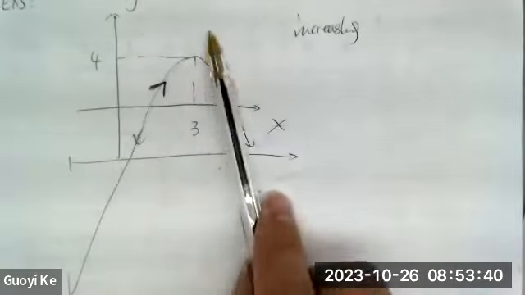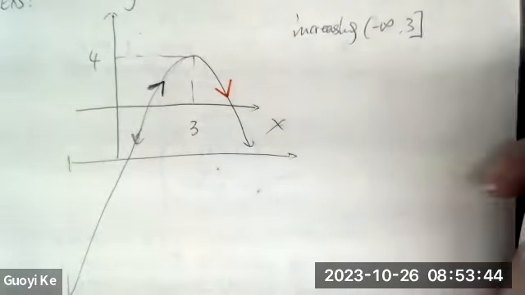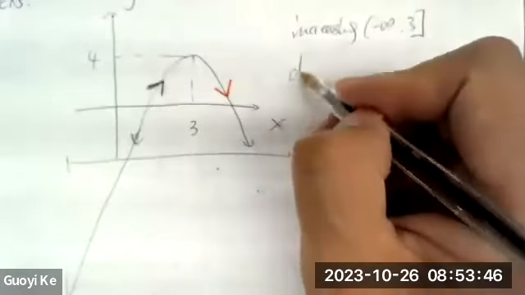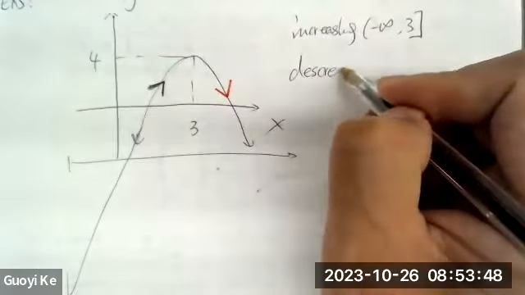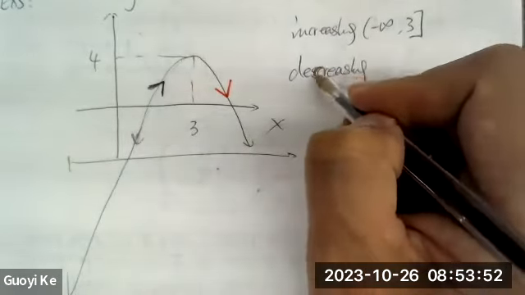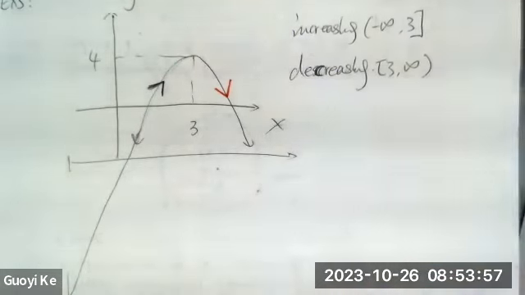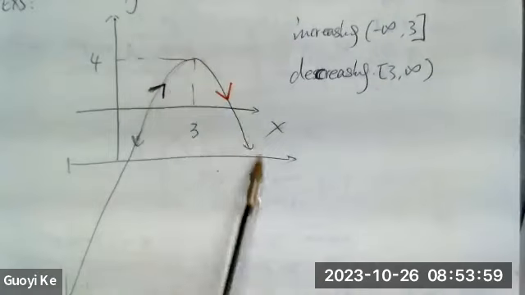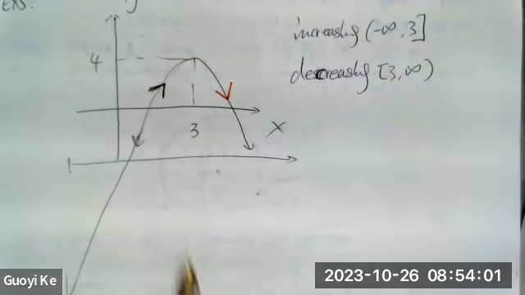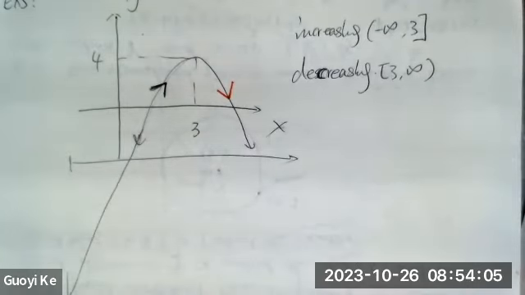And decreasing is from 3 to infinity. This part is from 3 to infinity.